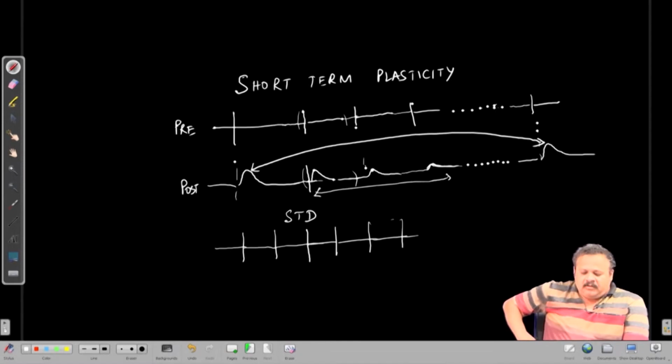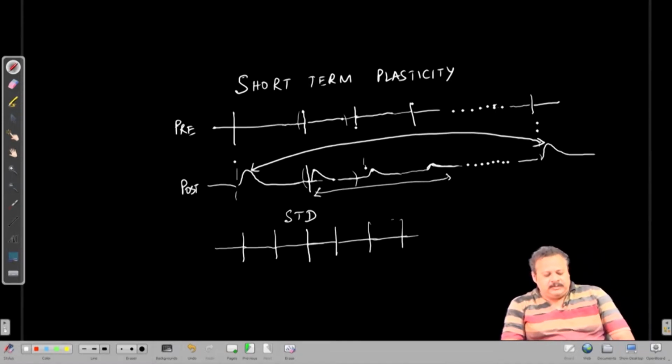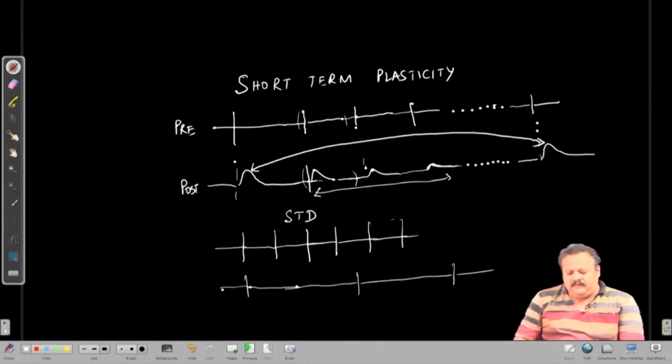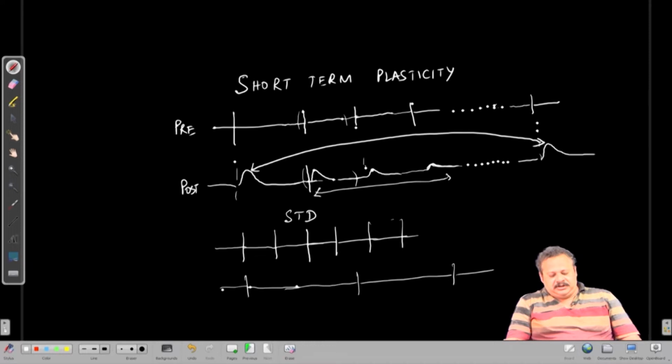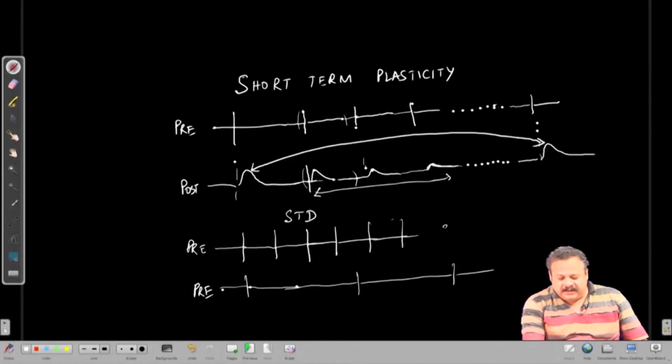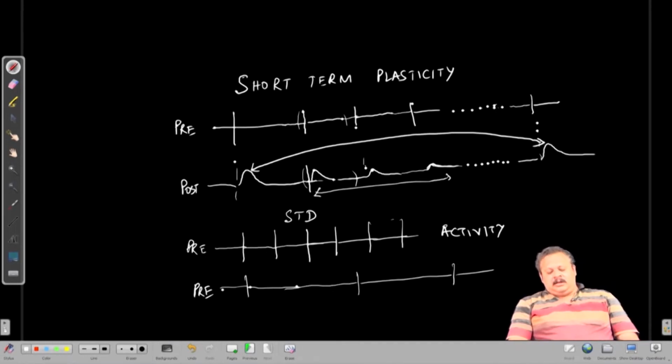So, if we have many closer spikes, then we can get even stronger effects of depression, or if we make the presynaptic spikes much further apart, then we may even end up not seeing any change. So, it is dependent on how much presynaptic activity we are seeing. So, if this is the presynaptic activity, then that essentially is going to determine the properties of the short term depression that we are observing.